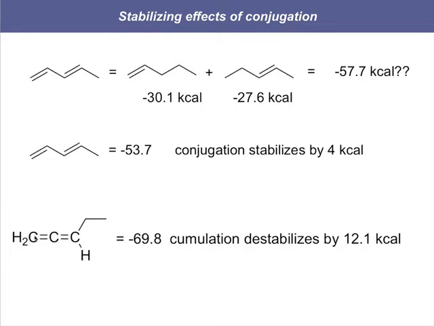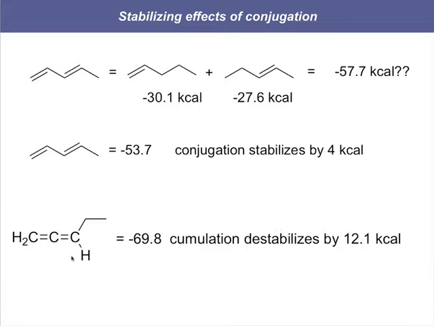So again, this has two individual double bonds that should add up to an energy of 57.7 kcal. But in reality, in this case, it adds up to nearly 70 kcal, which is destabilized by 12.1.